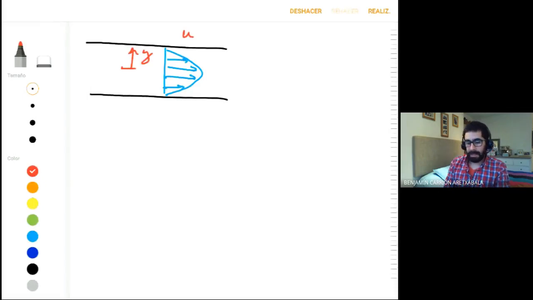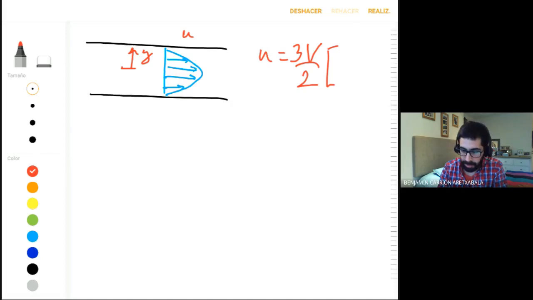Let's say you have a velocity profile that is given to you. Sorry, my handwriting is not the most beautiful, and this tablet doesn't help much, but please bear with me.